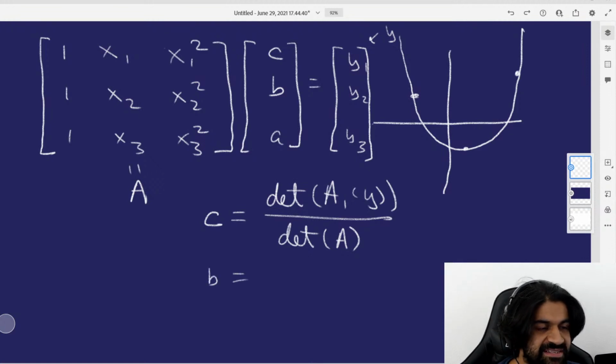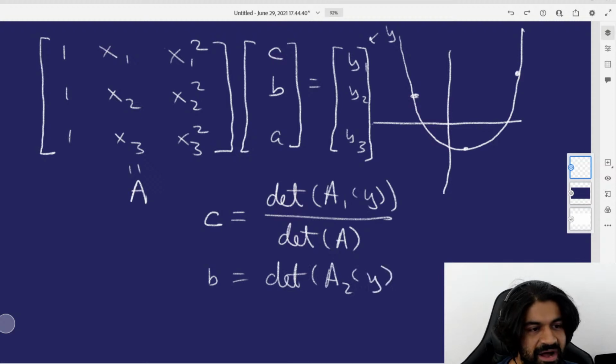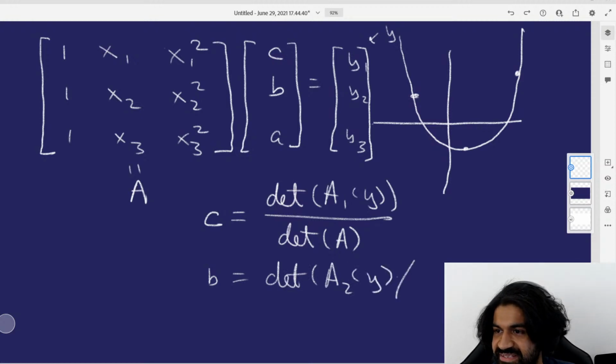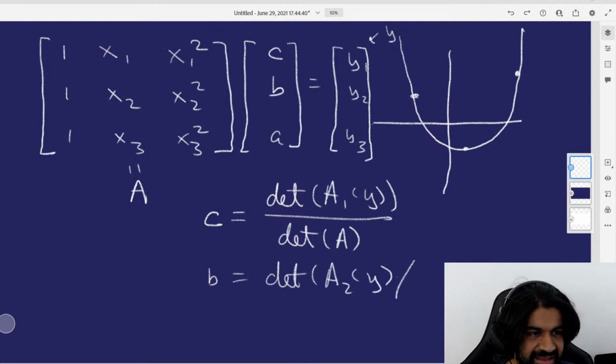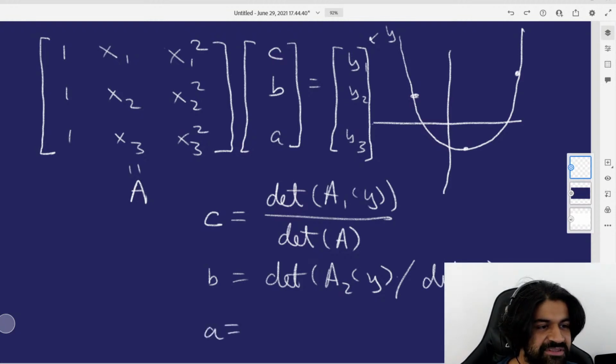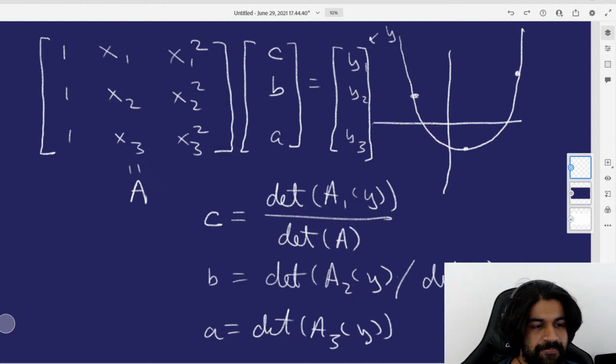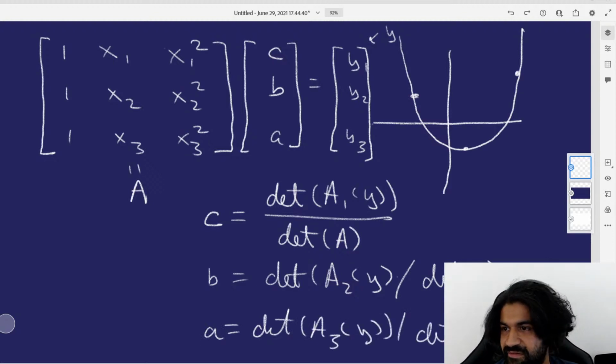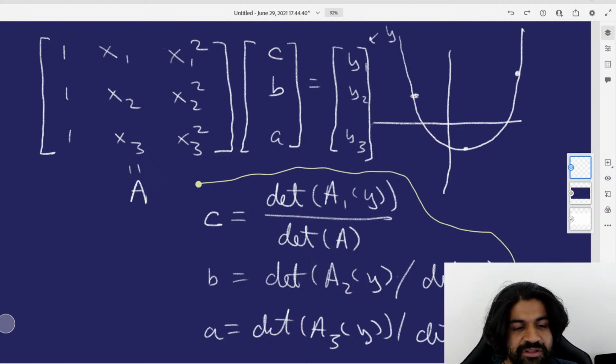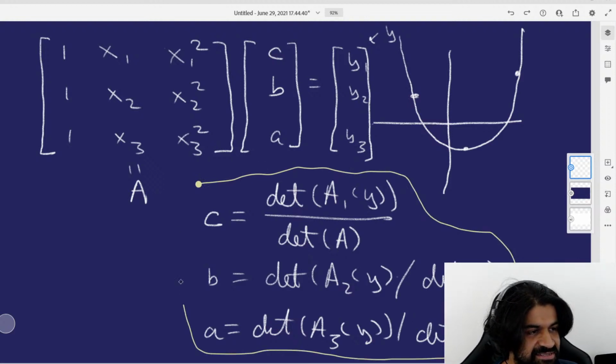And B ought to equal the determinant of A2y divided by the determinant of A. And A should equal the determinant of A3y divided by the determinant of A. All right. Hopefully, if you're around for the Cramer's rule part of this talk, these are just the formulas for the solution to this system of equations.